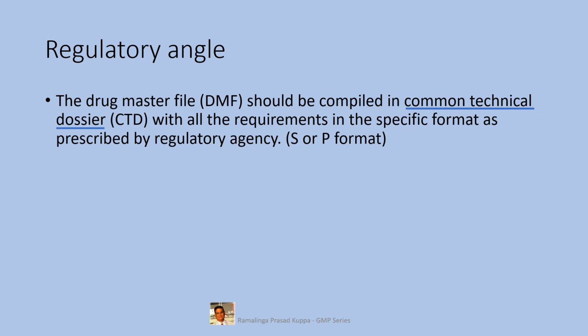This is the ultimate stage of product development, the regulatory angle. The CTD format should be drafted as per M4Q Module 2, the Quality Overall Summary, and Module 3, the Quality Guidelines. S format is used for drug substance and P format is used for drug product.